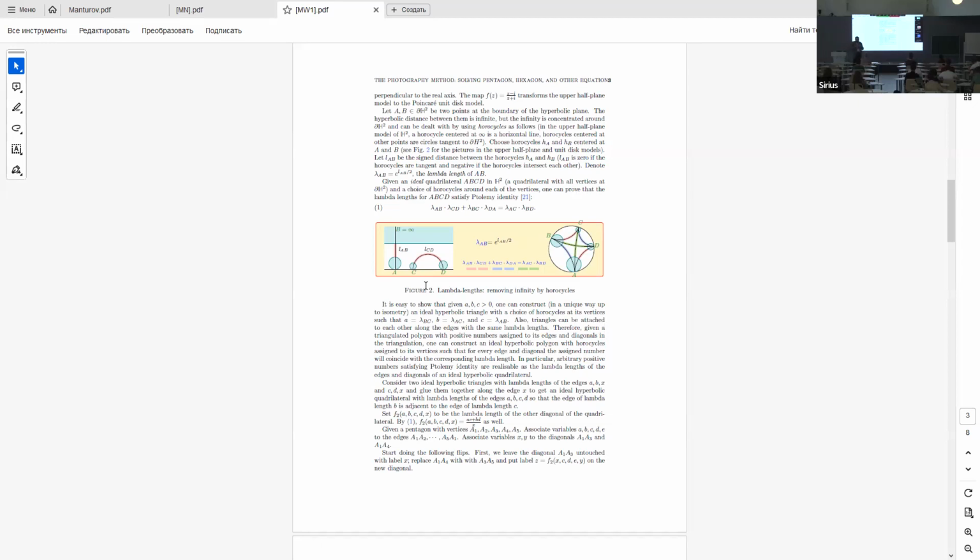So the fact that Ptolemy yields pentagon holds for free because of the hyperbolic lambda length. And that's a very impressive fact. So we have some equations which are solved for free, and then, of course, we can prove them by brute force. And that's why we can predict lots of other things.